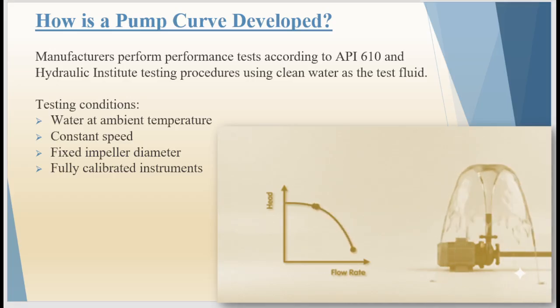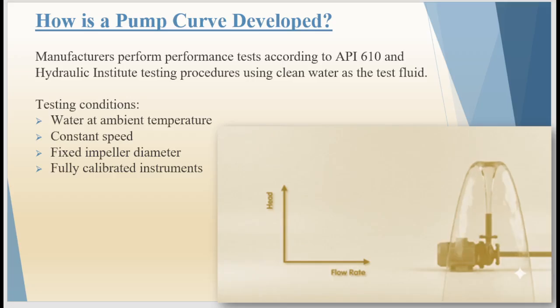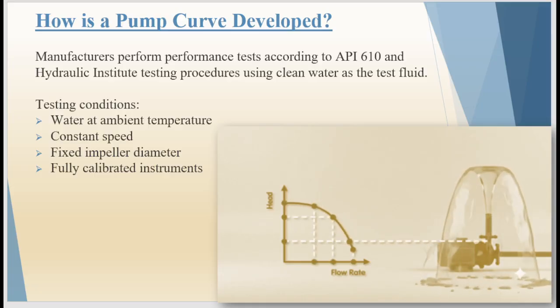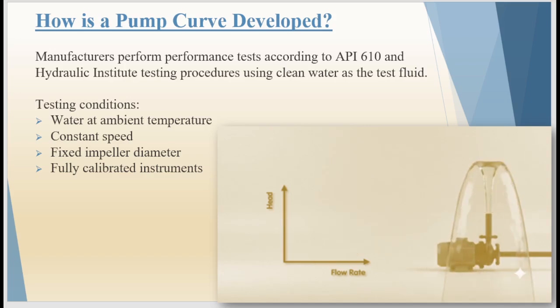The pump speed remains constant, the impeller diameter is fixed, and the measurements are taken using fully calibrated instruments to ensure accuracy. By maintaining these controlled conditions, manufacturers can accurately measure the pump's performance over its operating range and generate the performance curves that are included in the pump datasheet.